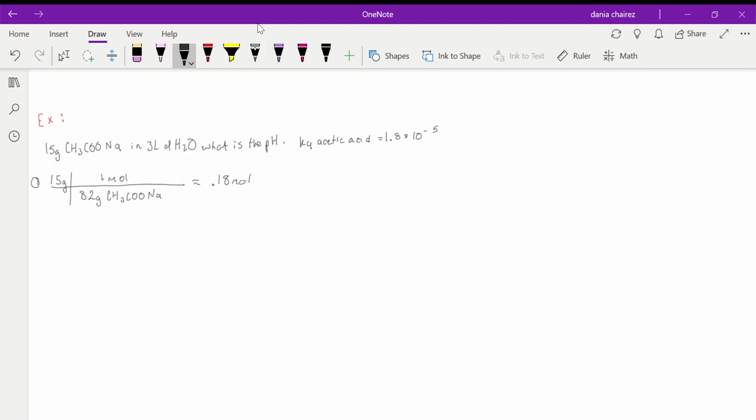Then to find our molarity, we just divide it by the 3 liters of solution, and we end up with 0.061 molar. So then our second step is to set up our ice table for the salt, just so that you guys can see where I'm getting the numbers from.